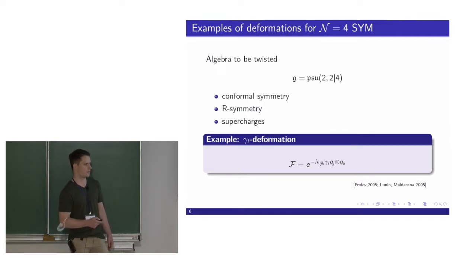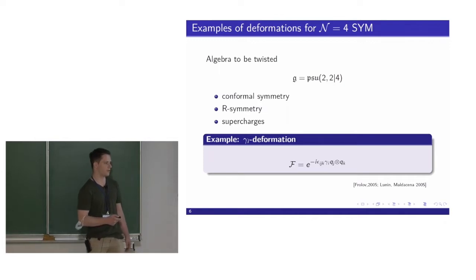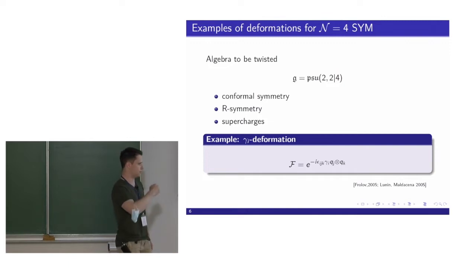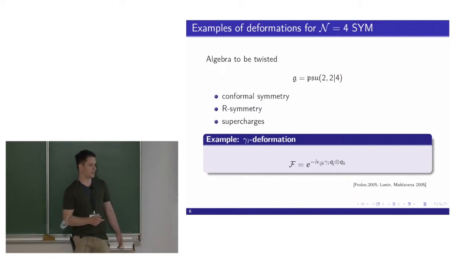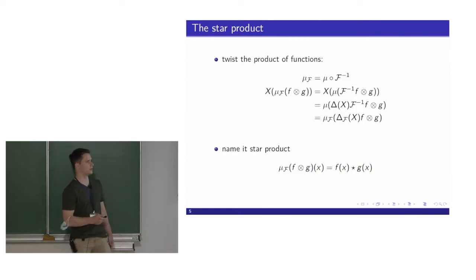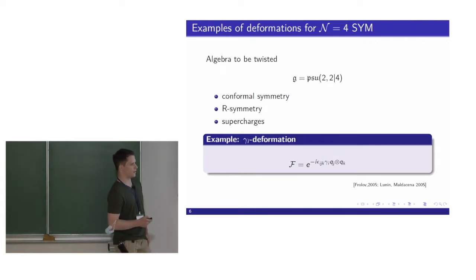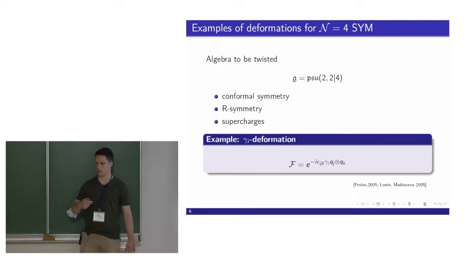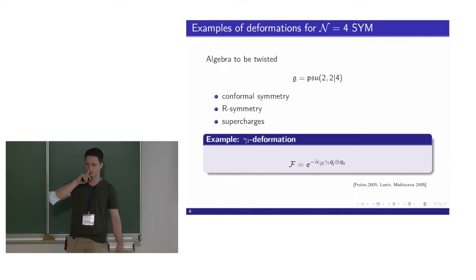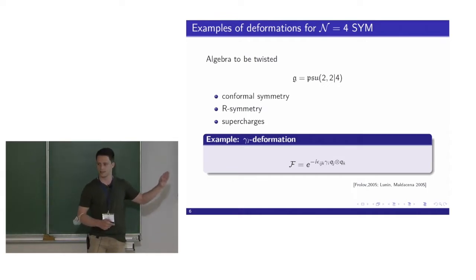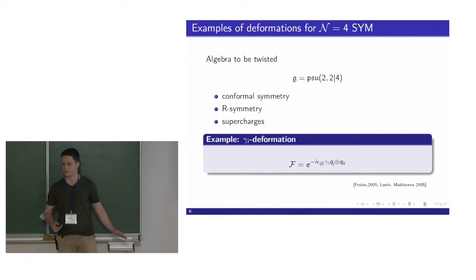These are the generators appearing in this twist, which is used to deform the algebra, and this twist also appears in the definition of the twist function. This introduces some phase shifts of the interaction terms in N equals 4 super Yang-Mills. That clearly breaks some of the symmetries, but it's still an ordinary quantum field theory.